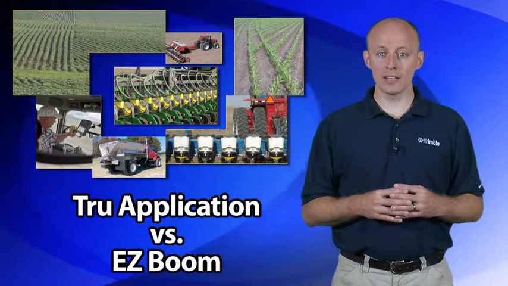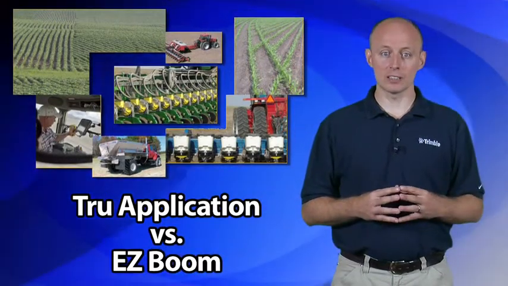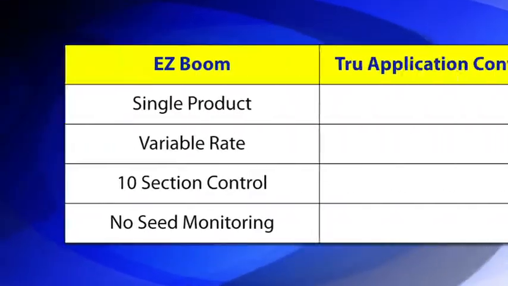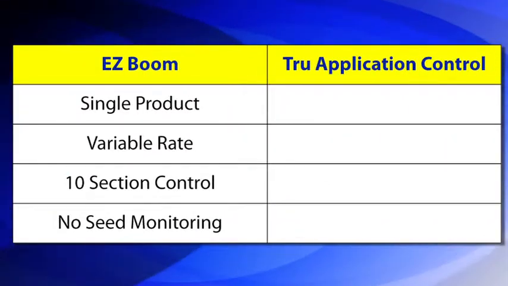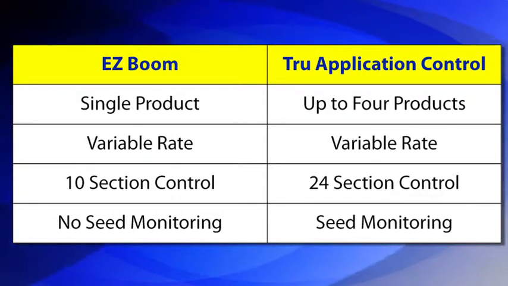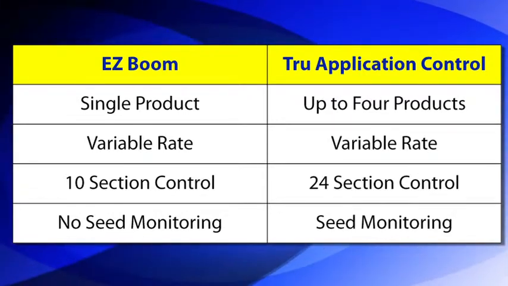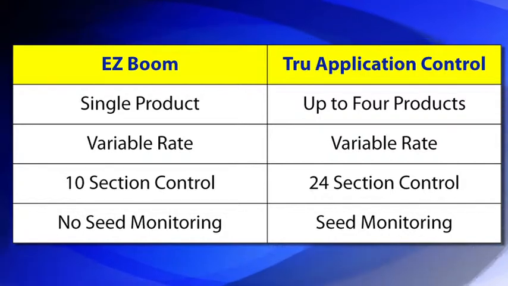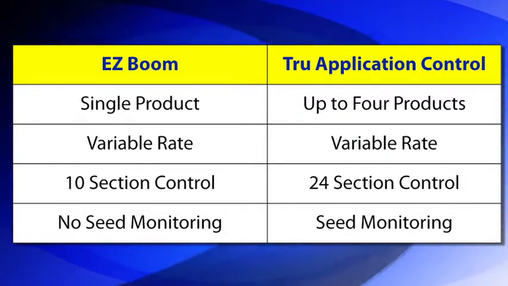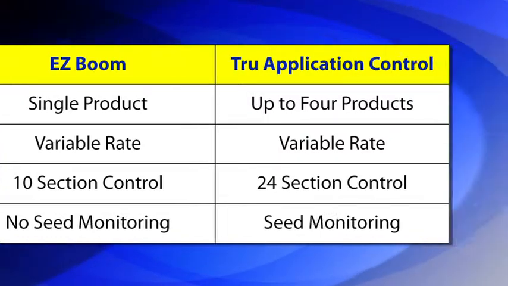It's important to understand the differences and capabilities of True Application when compared to EasyBoom. Though EasyBoom was limited to a single product, variable rate application, and 10 sections, True Application is designed to handle up to 4 product variable rate applications, 24 section control, as well as seed monitoring.